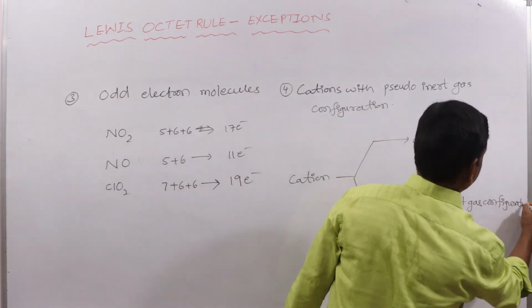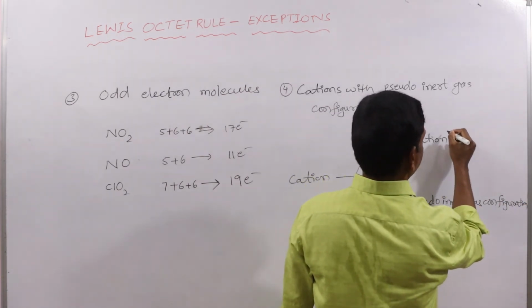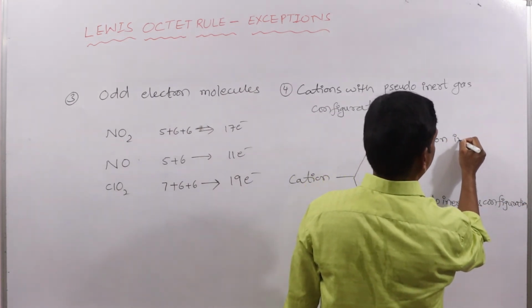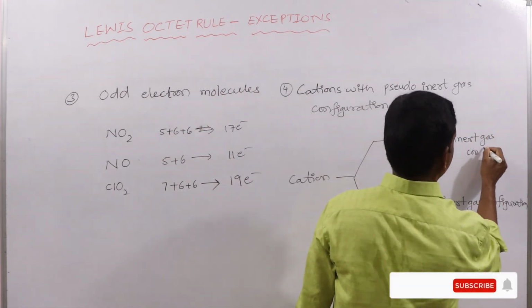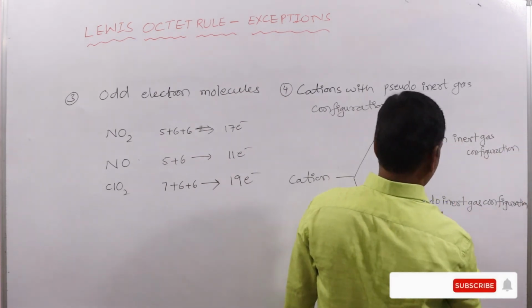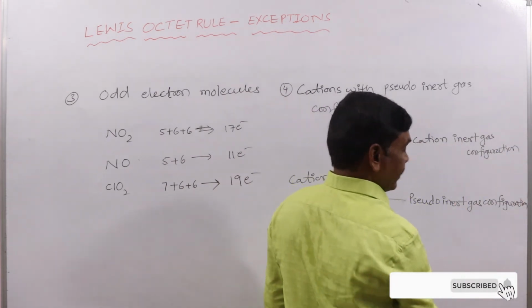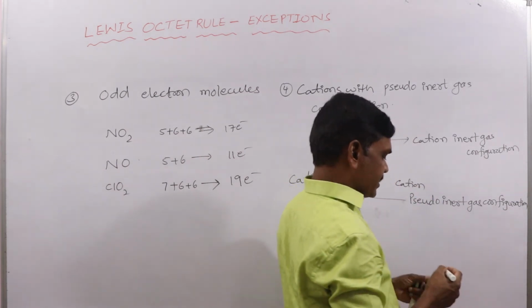A cation with inert gas configuration is different from a cation with pseudo inert gas configuration.